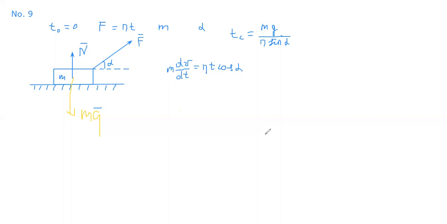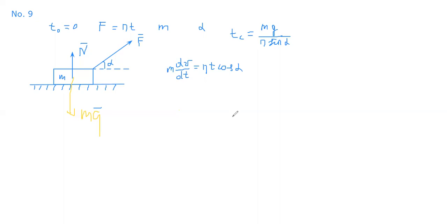To separate variables, we have to do some algebraic actions, to make v on one part of the equation and t in another part of this equation.